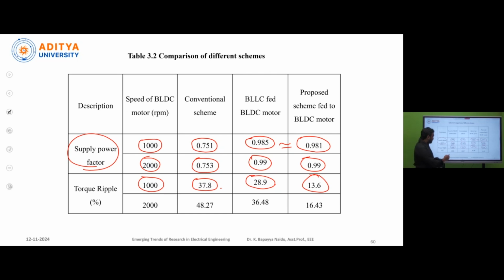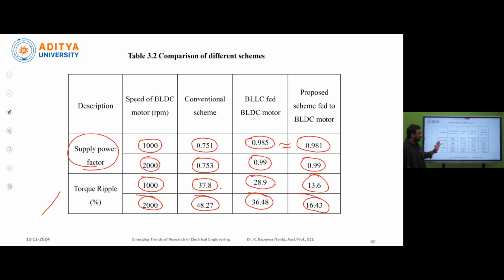And when the motor is running at 2000 RPM, the conventional scheme has 48.27 torque ripple. In the BLLC fed BLDC motor, it is 36.48. Whenever you are using the proposed scheme, it will be 16.43.